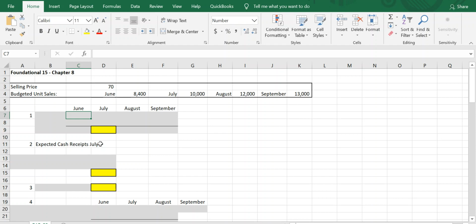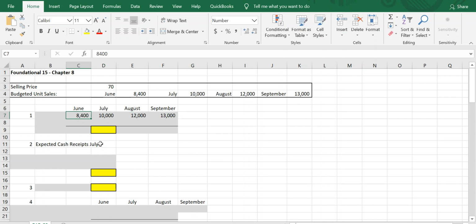For June, we have 8,400 units. July, we have 10,000 units. August, we have 12,000 units. In September, we have 13,000 units.